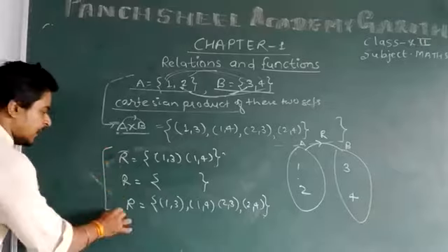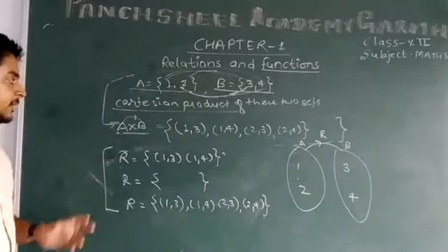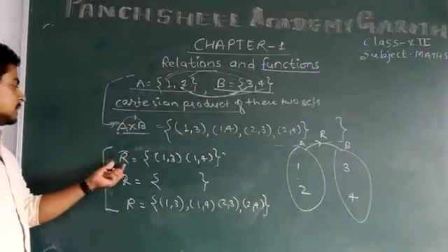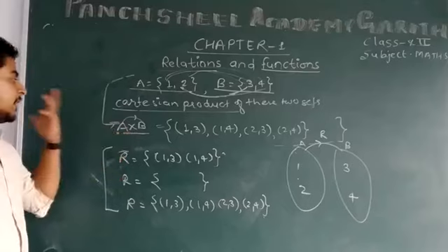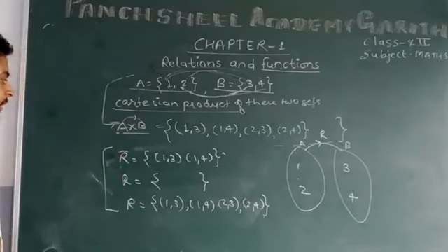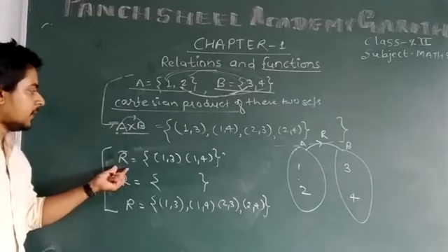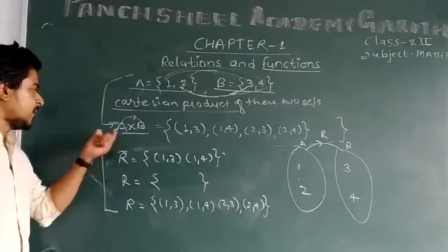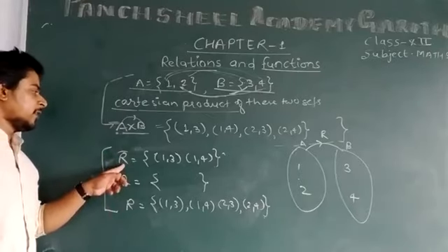On the basis of these concepts, we will define how this R is a relation obtained from A cross B. Basically, you have read that the relation is nothing but a subset of A cross B.